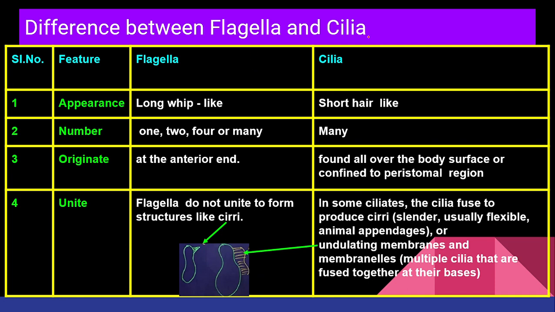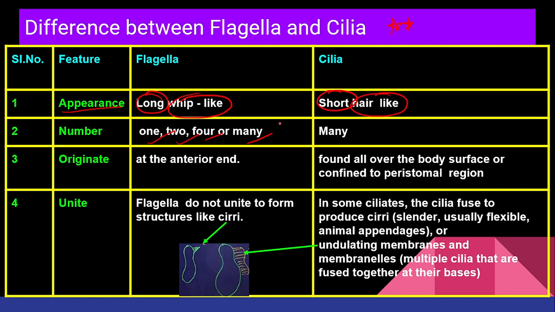Right? Now, this is super important class, the difference between flagella and cilia. I have also written a few additional points, but it is given in your textbook, so you are supposed to remember it. Okay. Now, when we talk about the appearance, flagella are long and cilia are short. Flagella are a whip-like structure, cilia are a hair-like structure. When we talk about the number, we have 1, 2, 4 or many flagella.